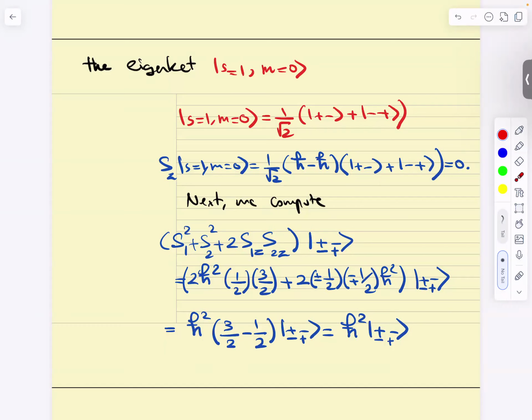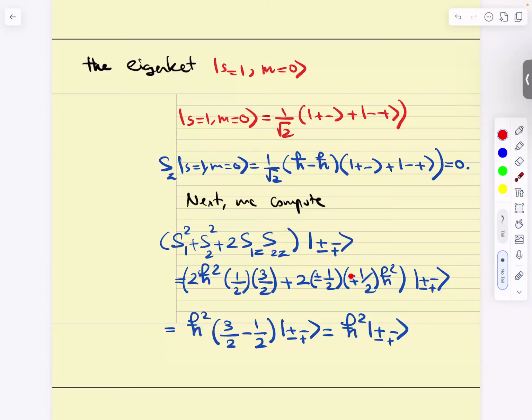Let's act on these two kets because these are the kets that we have. S1 squared and S2 squared will give you these terms. Is that clear why? Because each of them are eigenkets with eigenvalues ħ squared times 3 over 4. Now this term will give you 2 S1z S2z. S1z acting on the top one gives you plus half, bottom one minus half.